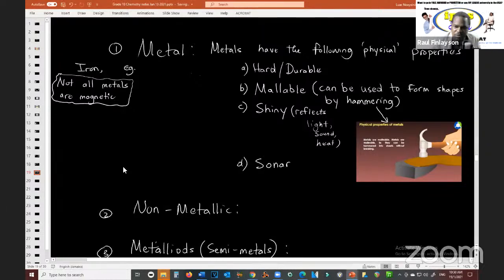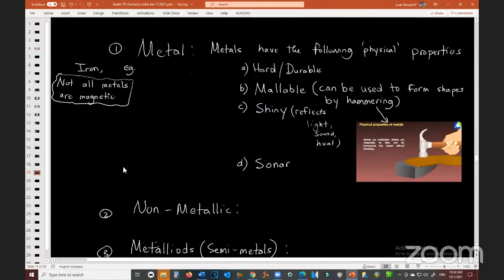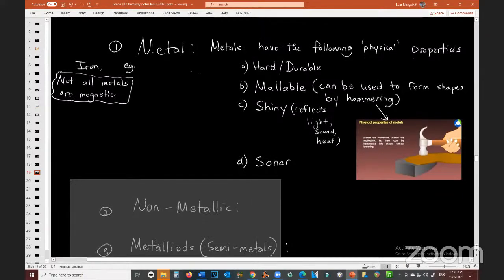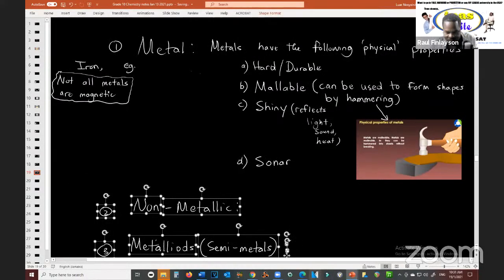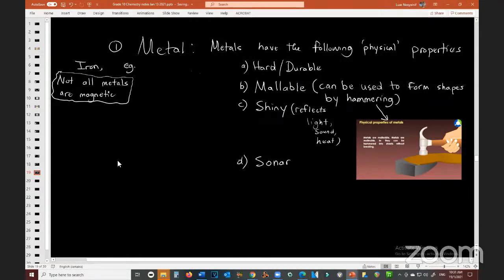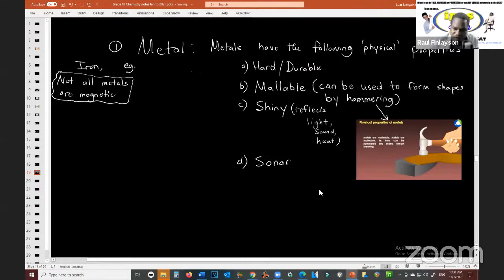is this word. Have you seen this word before? Which word, sir? Pronounce the word. Sonorous, sir. Yes. So metals are sonorous. What does sonorous mean?